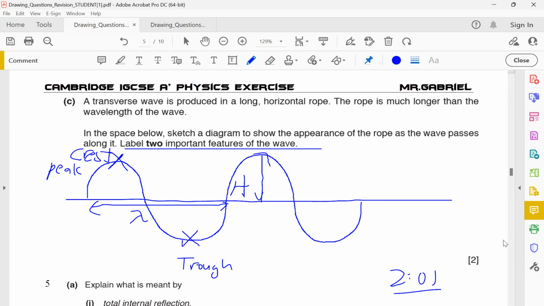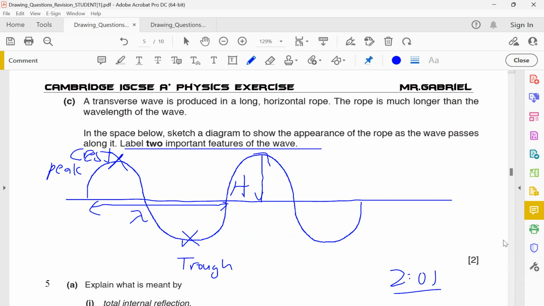Refractive index 0.67. What did I say about refractive index, Albert? If I look at this, I know it's wrong straight away already. Tell me why. Because it should be more than one.